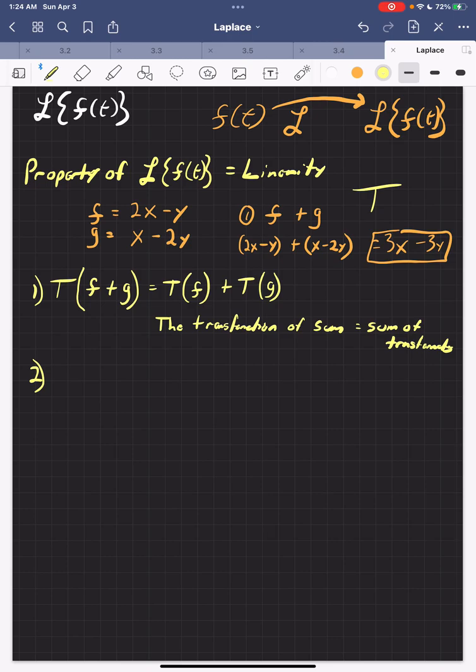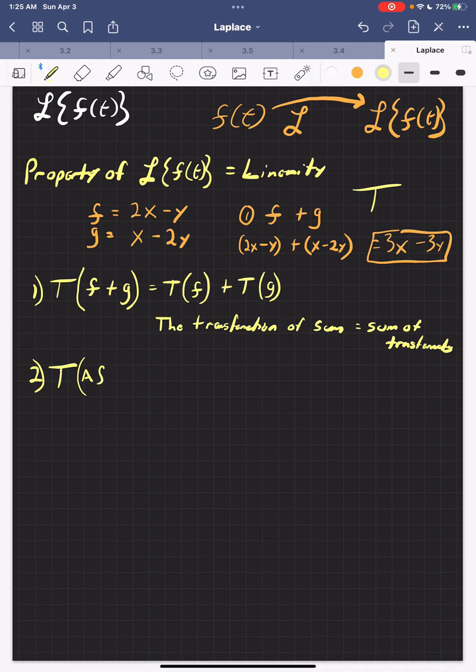The second property, and the final property in order to have linearity, has to do with scaling, right? So just imagine there's some scalar, we'll call it a.